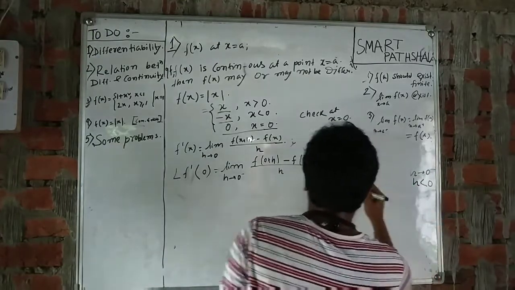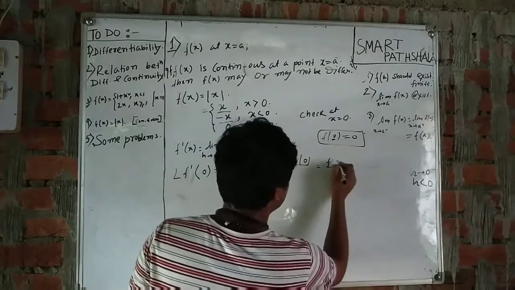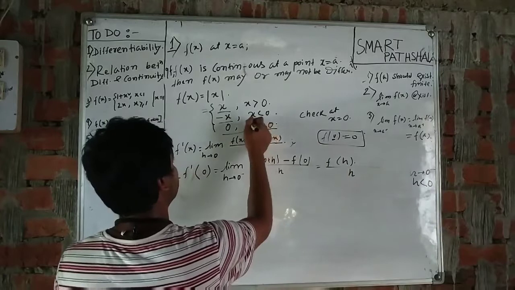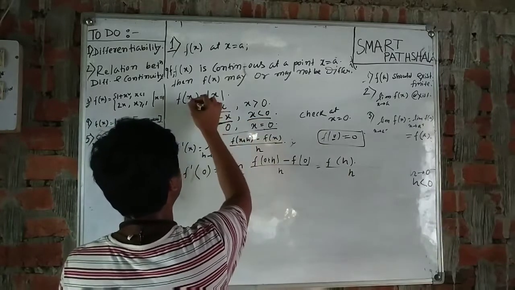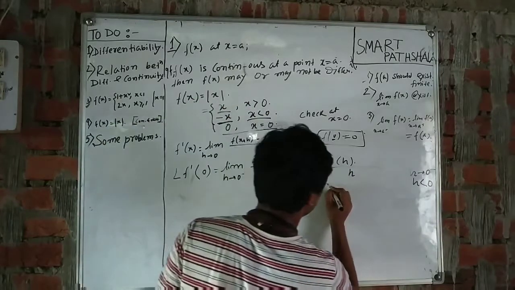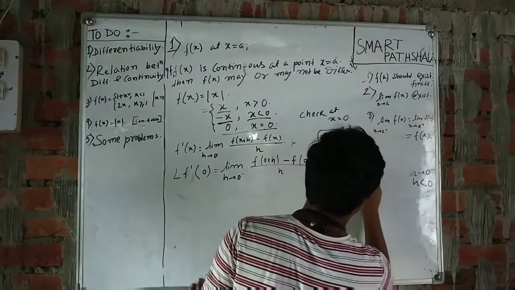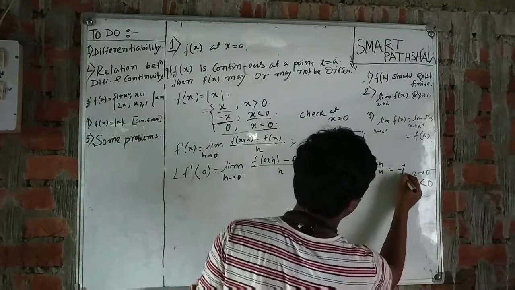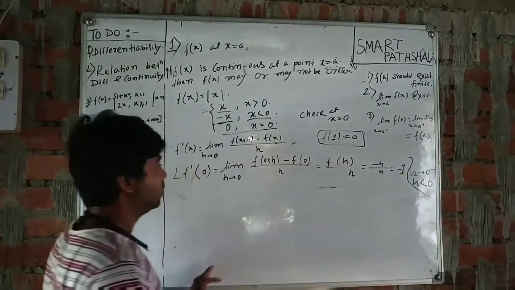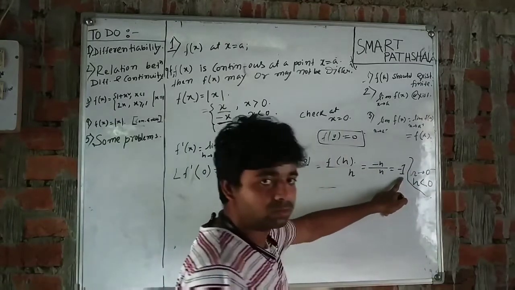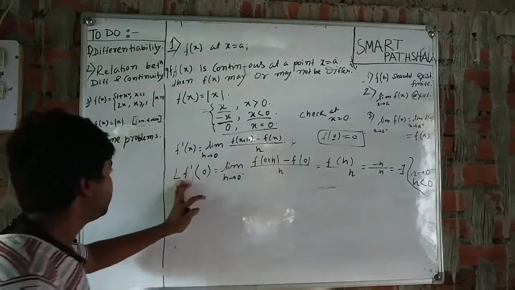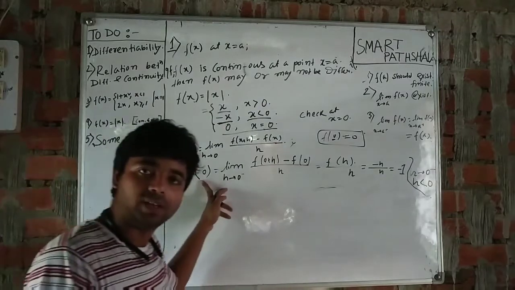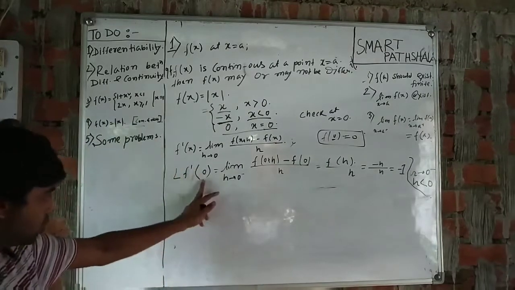Now, if h is less than 0, then f of h will be minus h, which gives us the value of minus 1. This is the left hand derivative of the function f of x at x equal to 0.